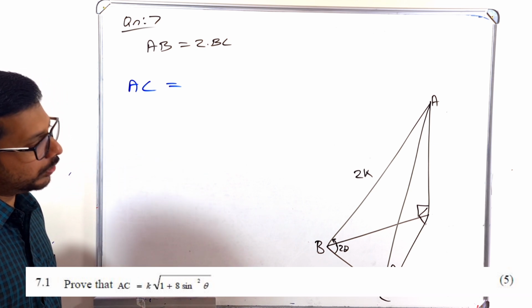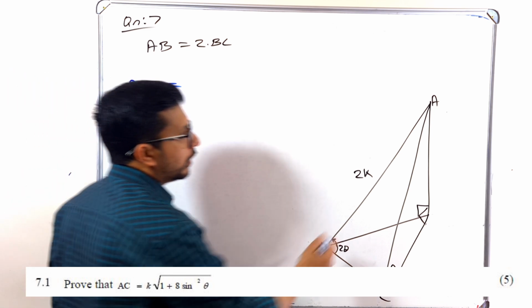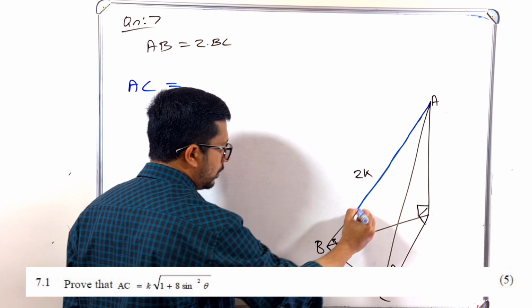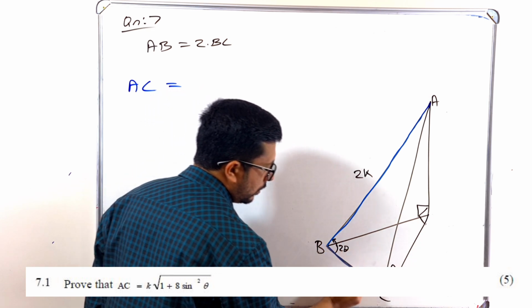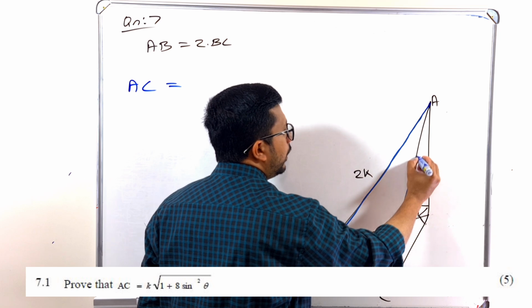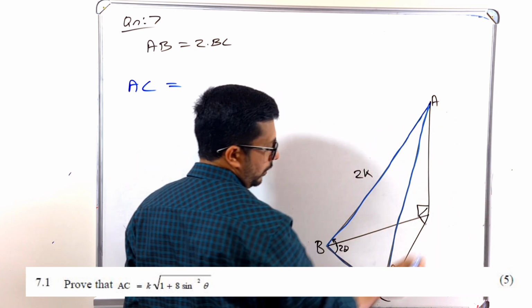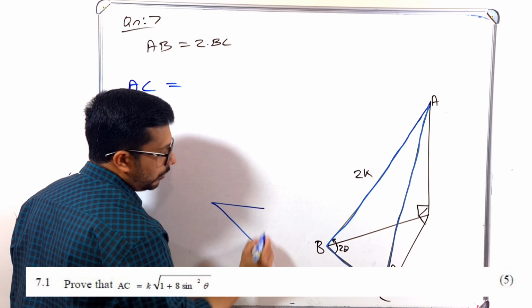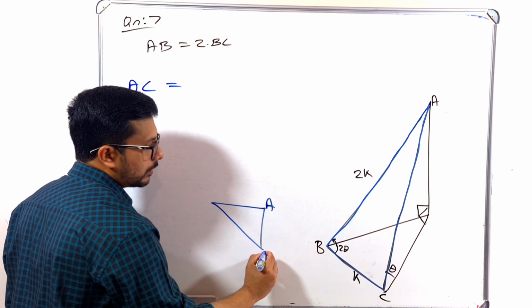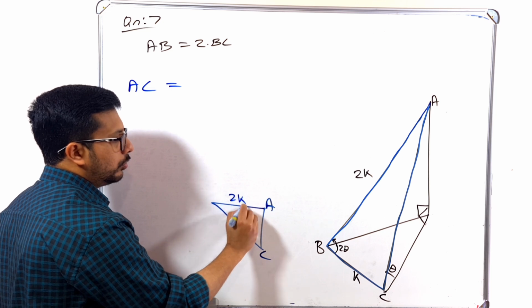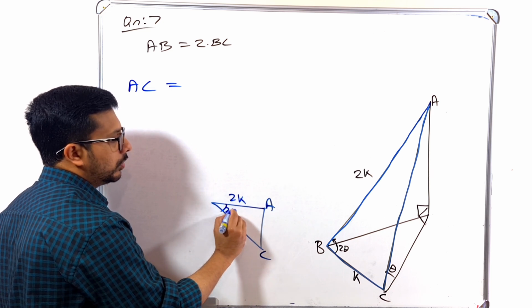Okay, so here look at this triangle, this triangle ABC. In this triangle we have to find the length of AC. Let's say this is AC. We know this one is K and this one is 2K, and this angle is 2 theta.